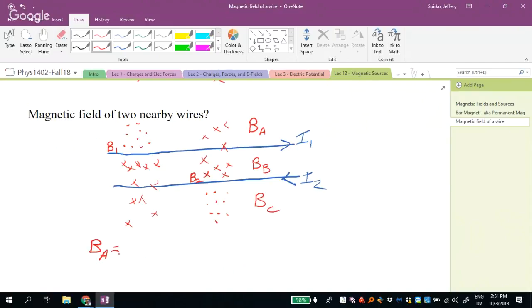Would you call it in or out? Due to B1, I call that out. I think that's positive. Usually we call that the positive Z direction. So in region A, we'd have a plus B1, but then when we figure out how much contribution we get from current 2, those are the X's, those are inward, those are the negative ones. So then it'd be minus B2.